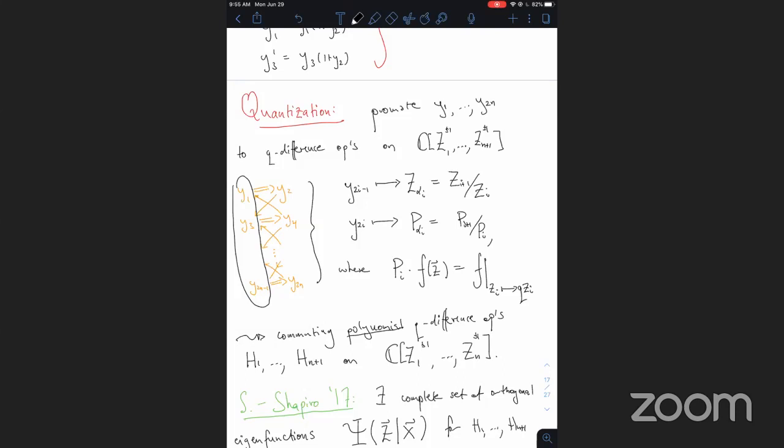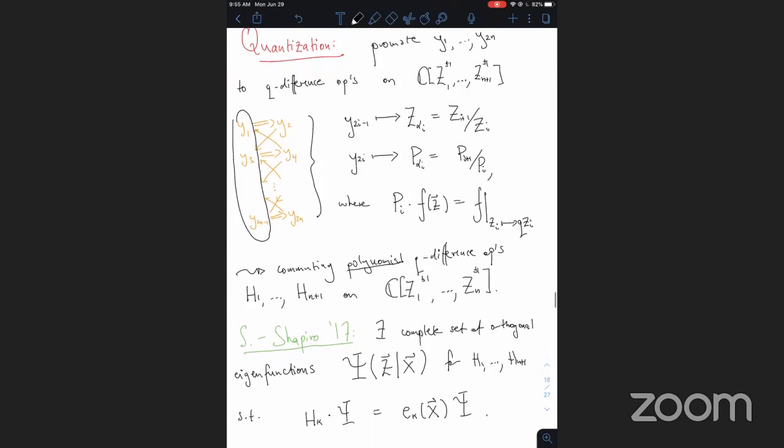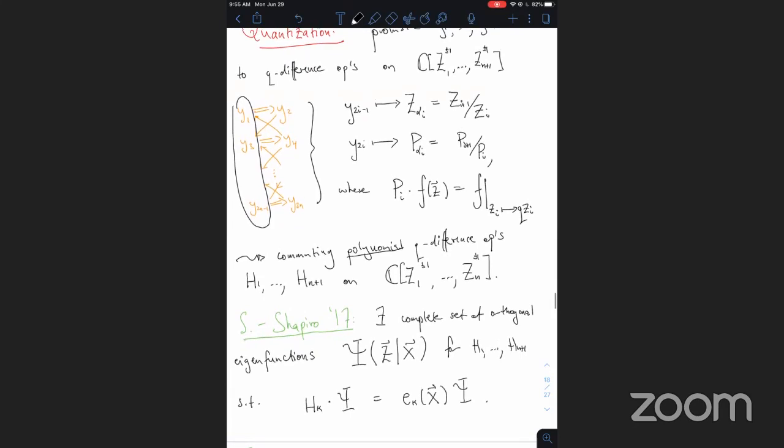Our motivation for how we can bootstrap these Toda Hamiltonians into a realization of DAHA came from a result with Shapiro from a few years ago, where we constructed a complete orthogonal set of eigenfunctions psi of z, depending on spectral coordinates x_1 up to x_{n+1}, for these q-open Toda operators.